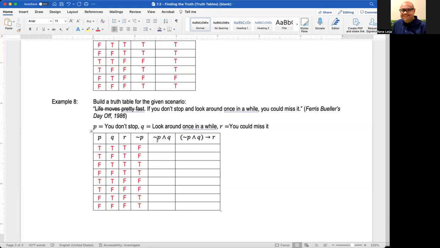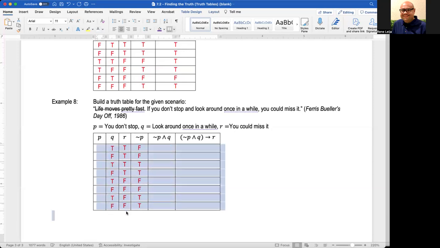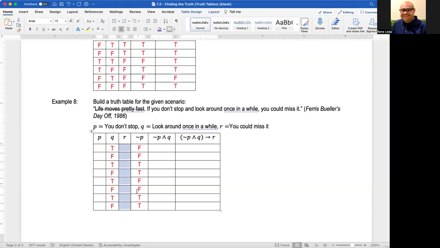Now we want not P and Q. So let me cover this one up and R. Okay, not P and Q. So they both have to be true. Otherwise, it's false. So this one's false, false. They're both true. That's true. False, false, false. These are both true. And then this one's false.